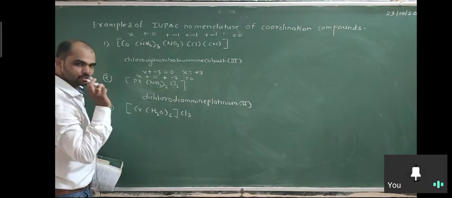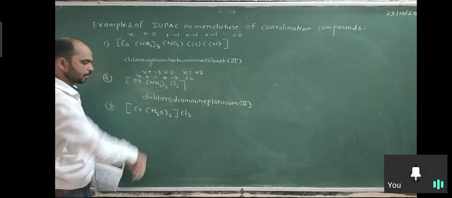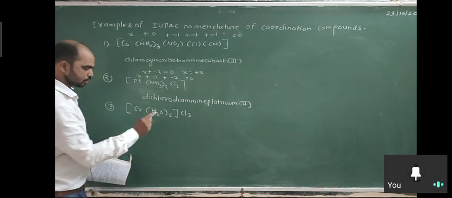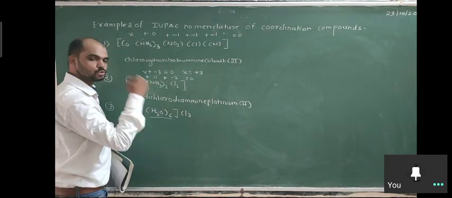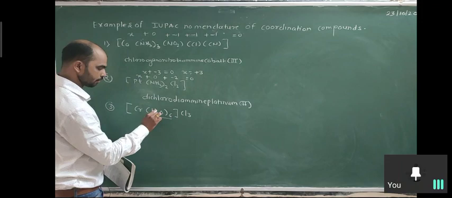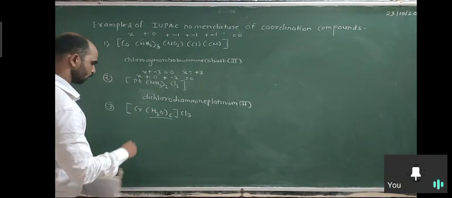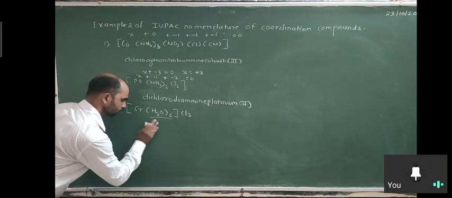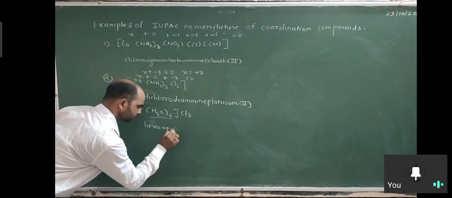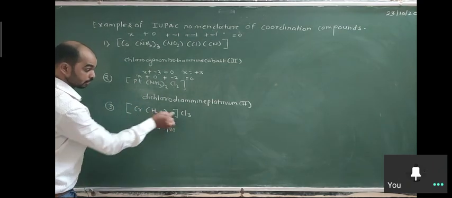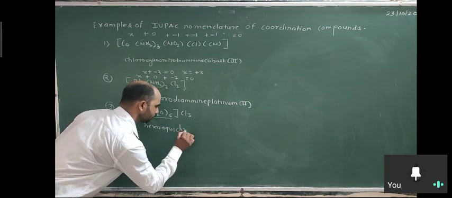So we start the name from the complex, the cationic part. In a complex we start from the name of the ligand. Who is the ligand here? H2O. How many? 6. So we use the prefix hexa for H2O. And what is the name of H2O? It is aqua. So hexaaqua. Then, since it is a cationic complex, there is no change in the name of the metal, so chromium remains chromium.